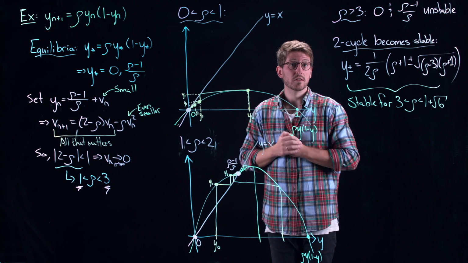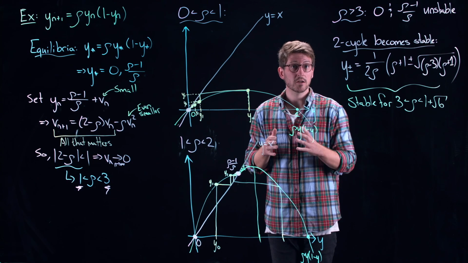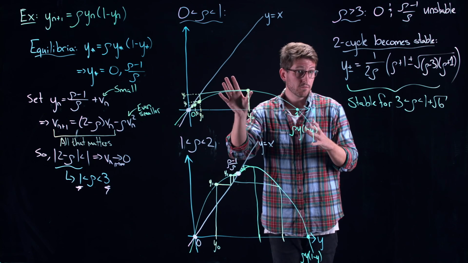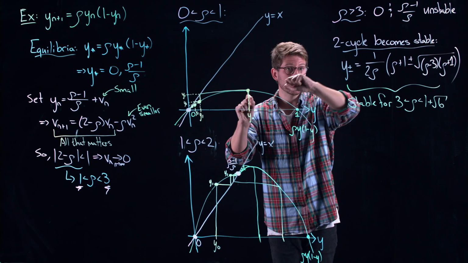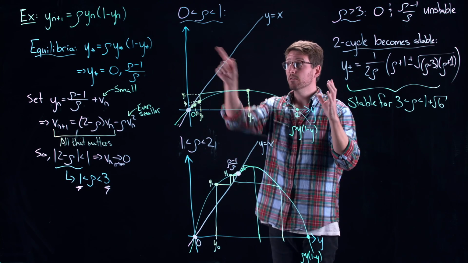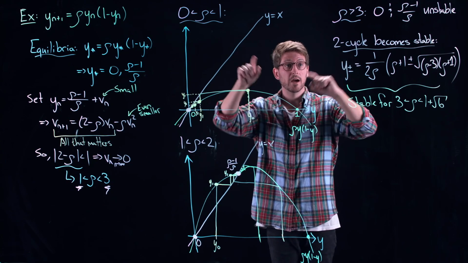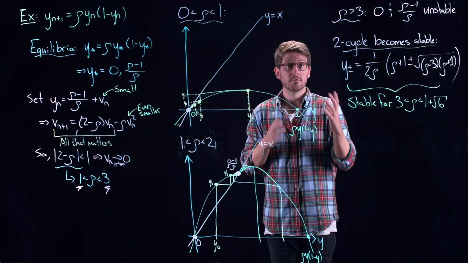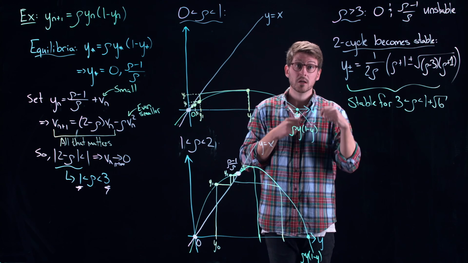This is what sort of led people to be very, very curious about the massive discrepancies between ordinary differential equations, where you have this sort of continuous flow from one state to the next, and these discrete difference equations where you can sort of hop around and you get these extremely complicated phenomena which eventually can potentially become chaotic.